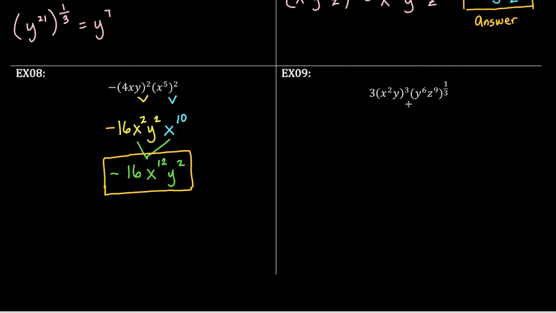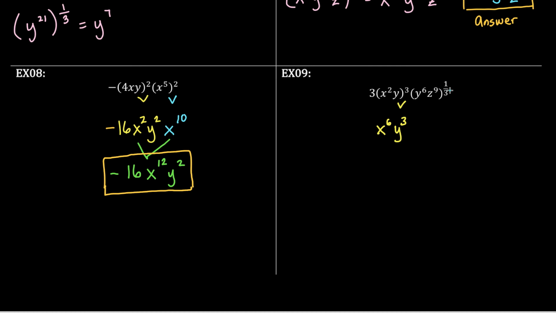Okay. Oh man, we got a lot going on here. So let's do this. Gotta exponent the x, this part first. So x to the second to the third is x to the sixth because we multiply. And then we have y to the third. Let's use blue. So y to the sixth to the third.